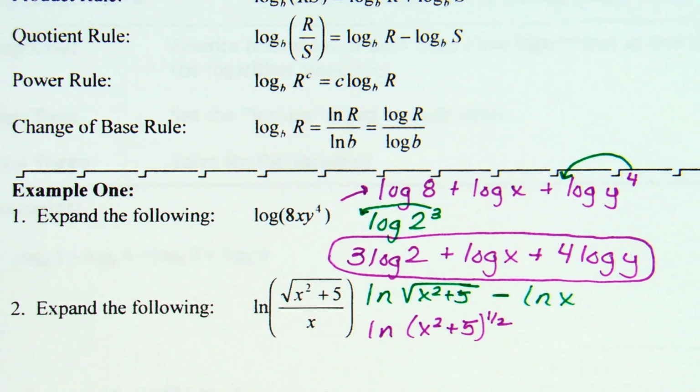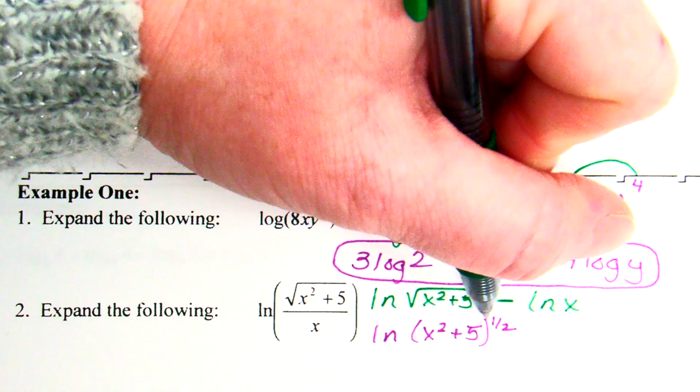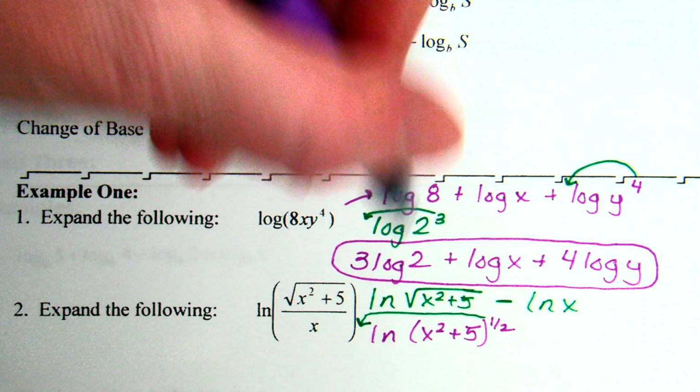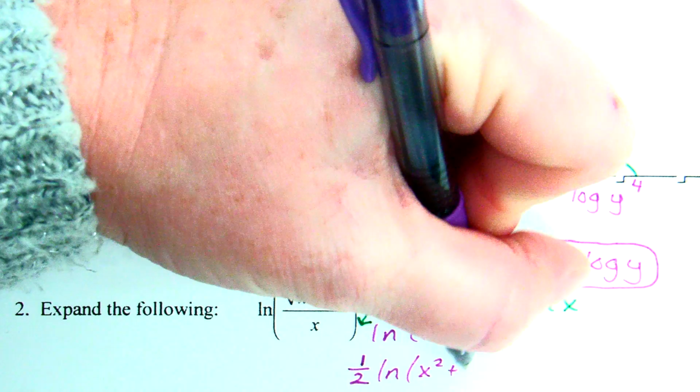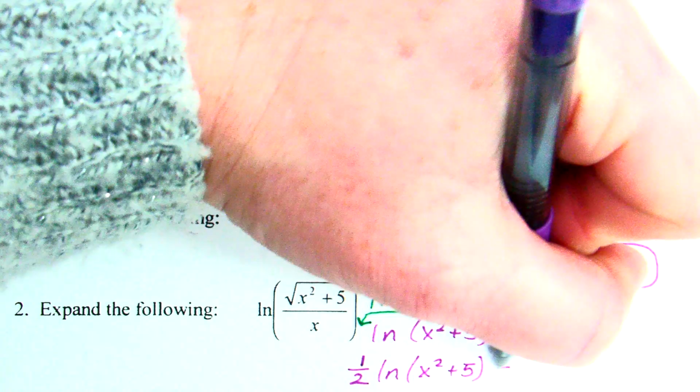So if I use the power rule, and I take that 1/2 out front, what do we have? 1/2 natural log of x squared plus 5, and then don't forget, minus natural log of x.